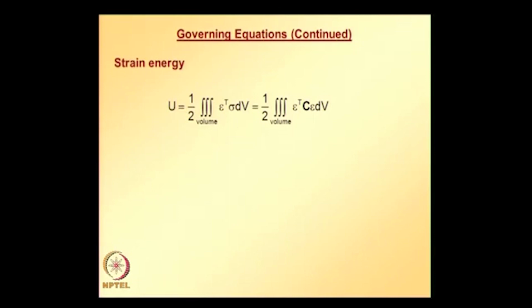Substituting sigma is equal to C times epsilon, this can be further written as half volume integral epsilon transpose C epsilon. Please note that this formula can be used only under linear elastic assumptions or small displacements and strain assumptions.